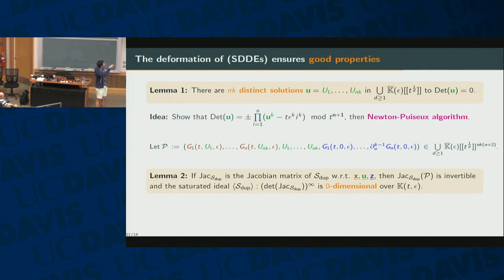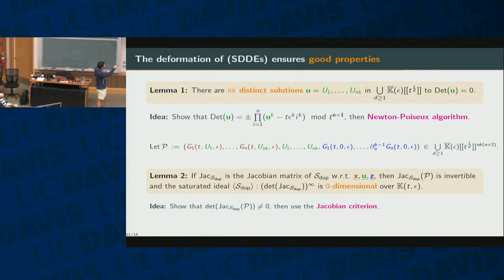If the Jacobian matrix of the duplicated system is invertible at the point P, then by considering the set of solutions which cancels this duplicated system SDUP minus the set of solutions which cancels the determinant of this Jacobian matrix, we will have an ideal which vanishes at the point P and which has expected dimension 0. So this is a consequence of the Jacobian criterion in algebraic geometry.